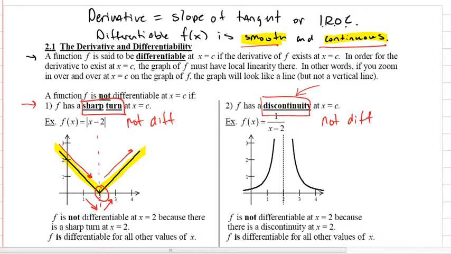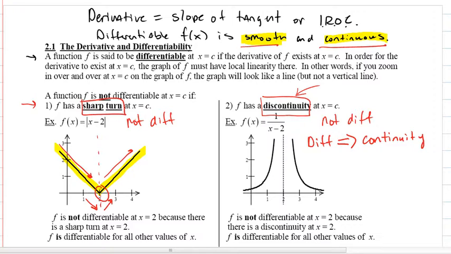So let me go ahead and add on to this. If a function is differentiable, then it is smooth and continuous. Okay? Now, I can also say it the other way around. If the function is smooth and continuous, it's differentiable. So if a function is differentiable, that means that the graph is automatically continuous because of the criteria that differentiability has.